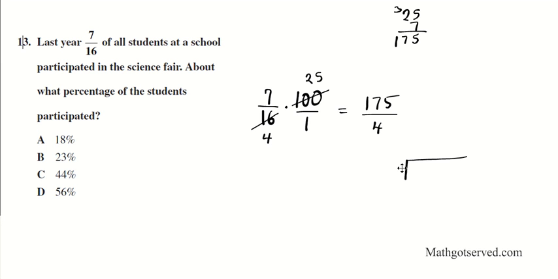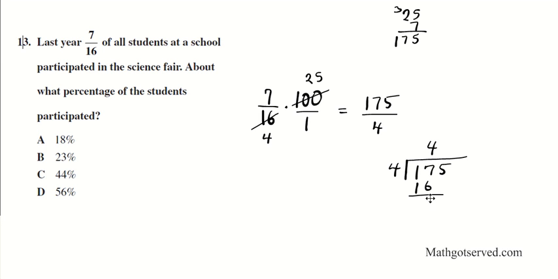Alright, so we're going to have the numerator go into the division bars like that, and then the 4 goes outside. Alright, now let's divide. 4 goes into 17 4 times. 4 times 4, 16.